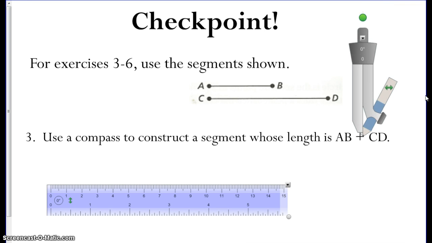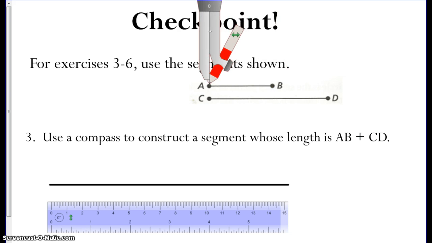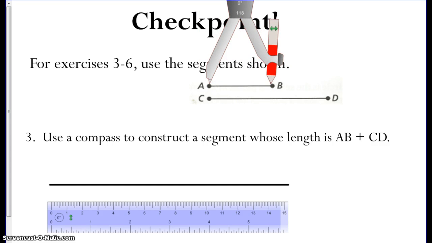So first and foremost, you're going to create a really, really long line. The reason for that is, remember, when you're copying a line segment, you have to create a line that is longer than necessary so that you can cut it down to the pieces you need. Alright, so what I'm going to do is copy line segment AB.